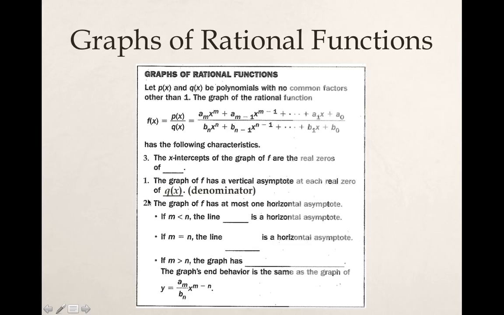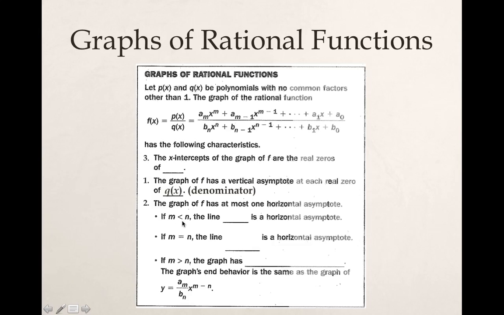Step number 2 is this one. In step number 2, we're going to find the horizontal asymptote. This is also sometimes called the end behavior asymptote, and I'll explain why in just a minute. The horizontal asymptote is going to depend on m and n.